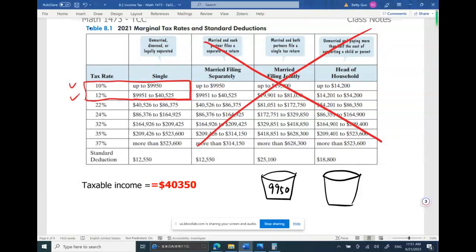In total, you have $40,350. If you put $9,950 in the first bucket, in the second bucket, do you have 40,350 minus 9,950? Do you have that amount? Yeah, let's see what that is.